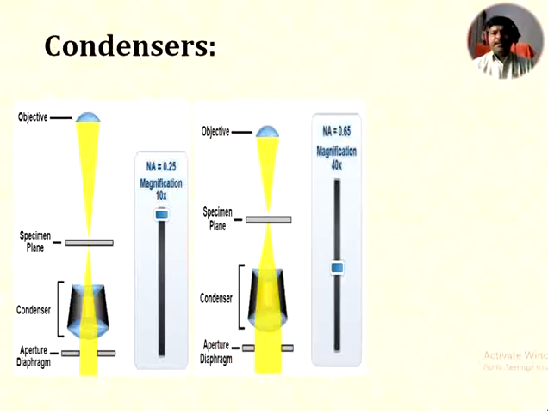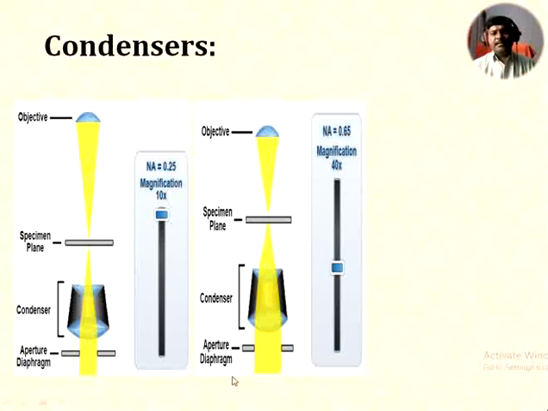Now see the next position, in which we are using the 40x or high power objective for viewing purposes. At that time, this is the condenser position. See here the light that is passed, that means the cone of light is very small. Here the cone of light is bigger.